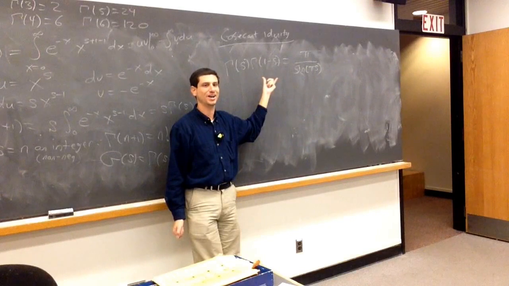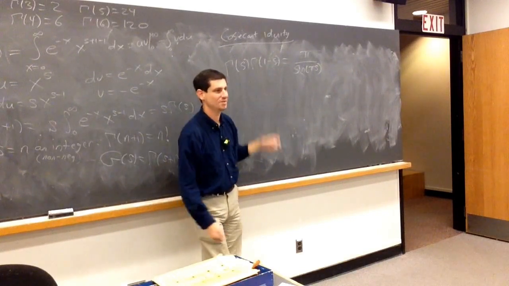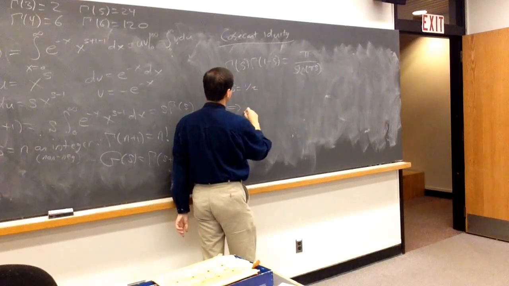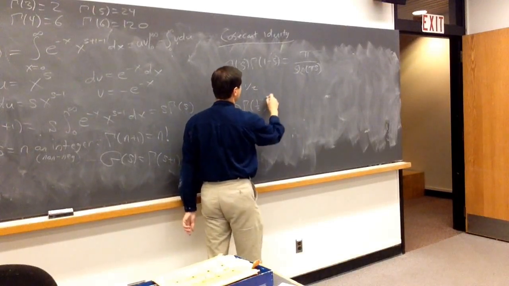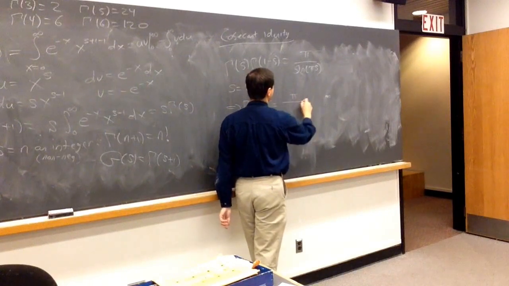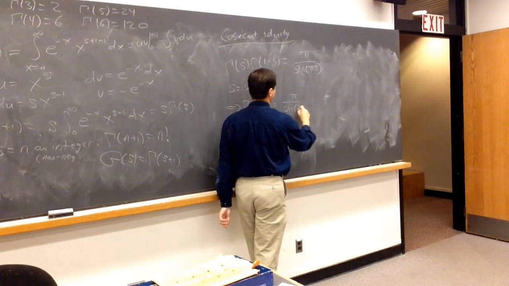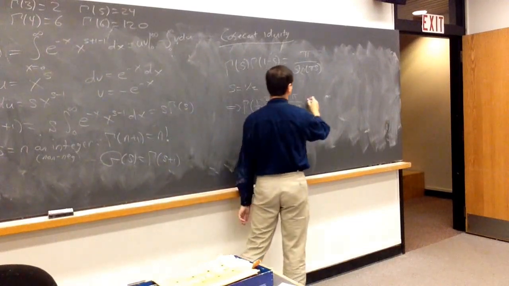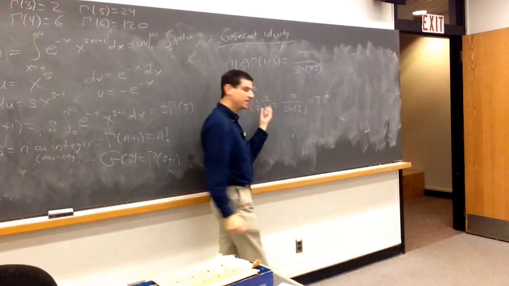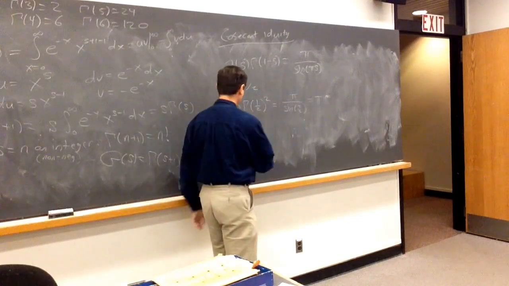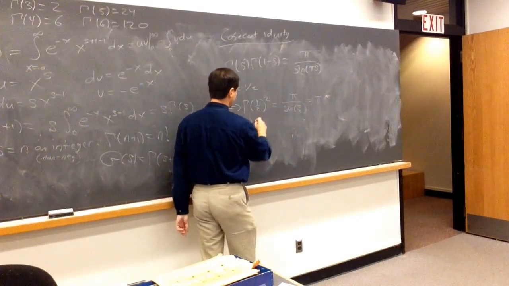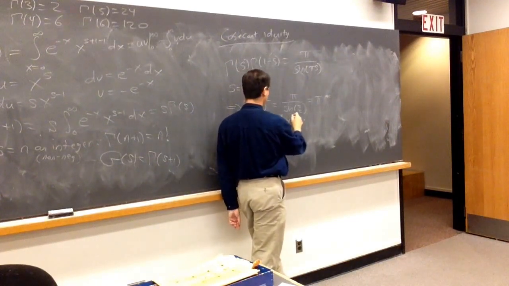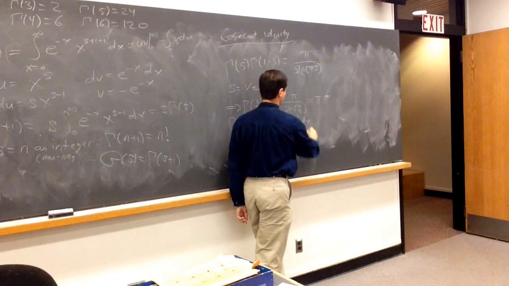I'm sorry? Why? Because they're the same. If you take s equals a half, this is beautiful. It yields gamma of 1/2 squared is pi divided by the sine of pi halves. What's the sine of pi halves? 1. So this is pi. Now if you look at gamma of 1/2, gamma of 1/2 is the integral from 0 to infinity of e to the minus x, x to the 1/2 minus 1 dx.